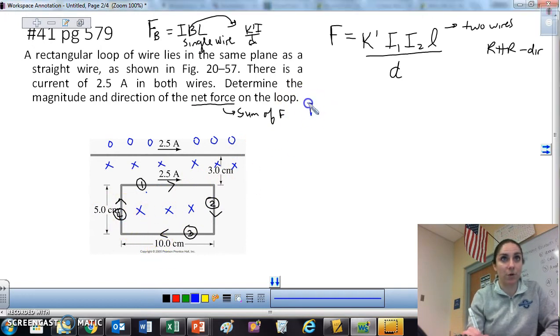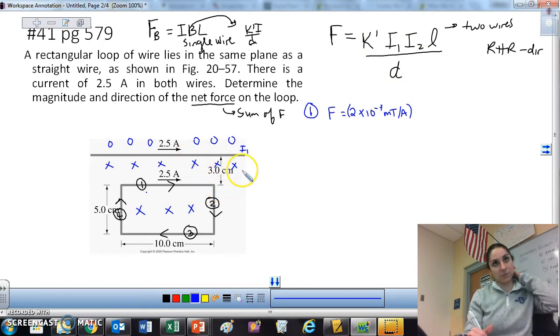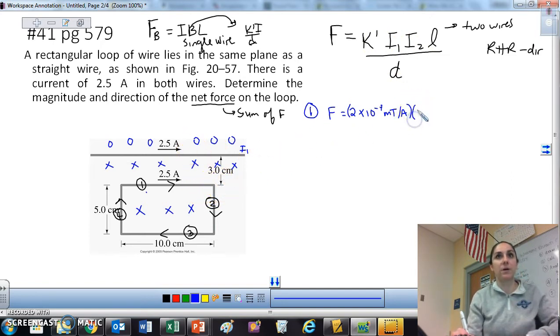So let's do section 1. So the force in section 1 is going to be K prime, which I'll write out, 2 times 10 to negative 7. And here's our units for K prime. I'll call this I1. Now they happen to be the same value, so this doesn't really matter, but let's just do it anyway. So I1 is going to be the 2.5 amps.